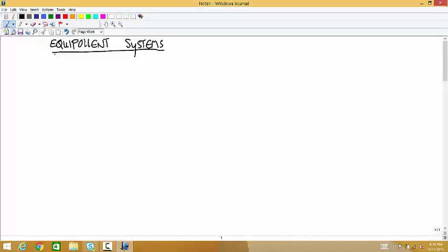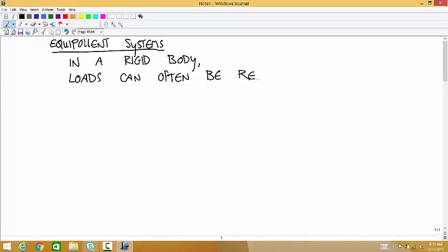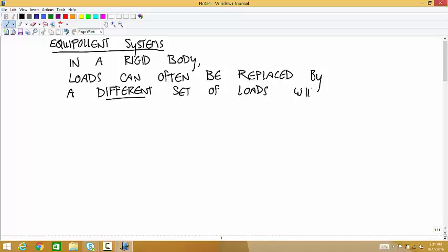The idea of an equipollent system is this: in a rigid body, a set of loads can often be replaced by a different set of loads without changing the behavior.